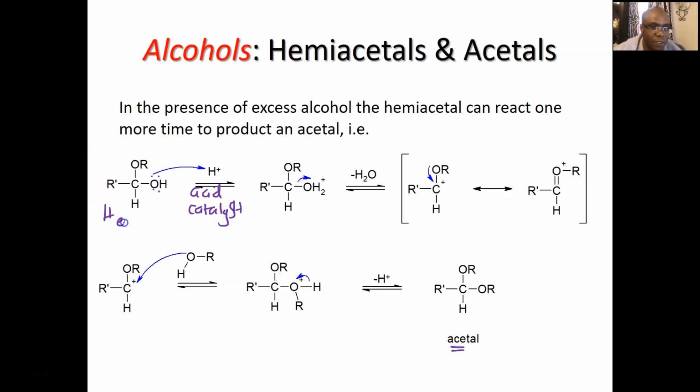Remember, this is hemiacetal. So OH is activated. We don't want it to leave as OH minus. We would rather have it leave as H2O. That's why we're activating it to leave as water, which is a weak base. Water is a weak base. OH minus is a strong base.